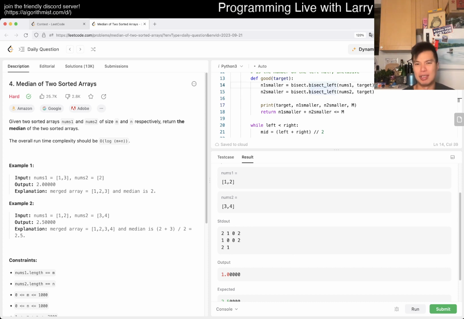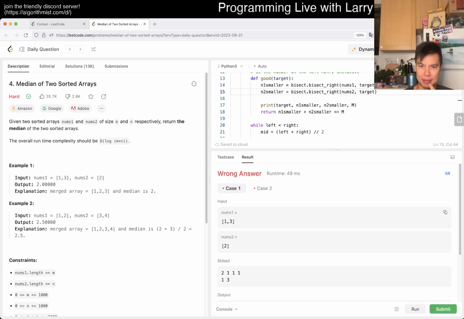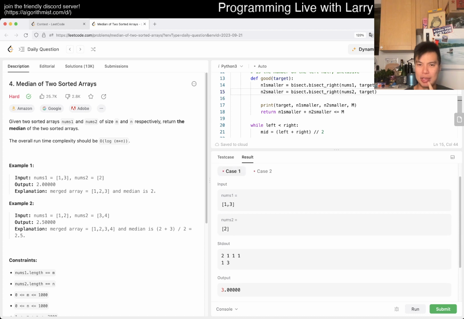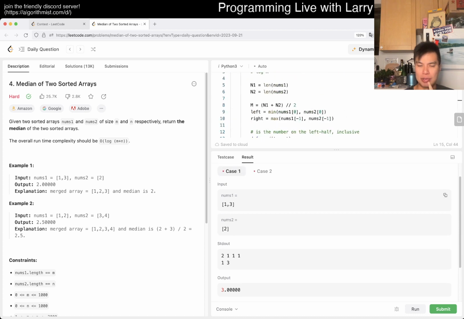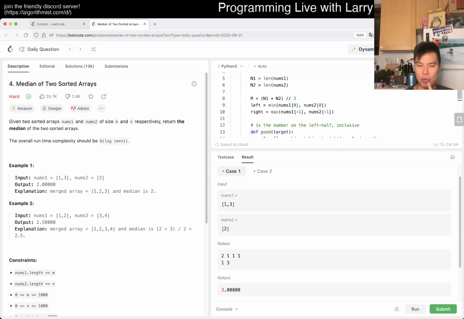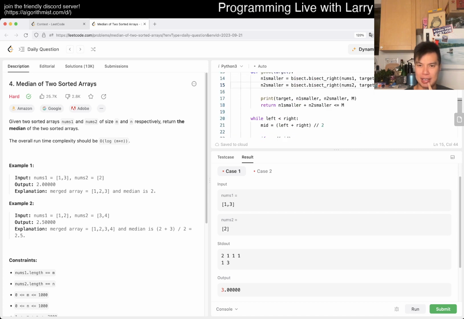Maybe we do need bisect right, not bisect left. I'm thinking too much about the equal number case, but yeah, okay. So in this case now we have 3 numbers. We want to find a number that is bigger than 1 number, right? Exactly.